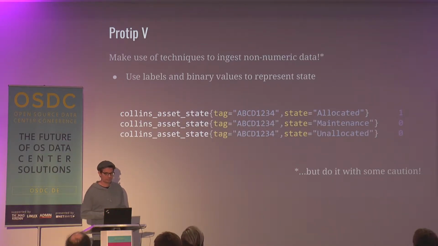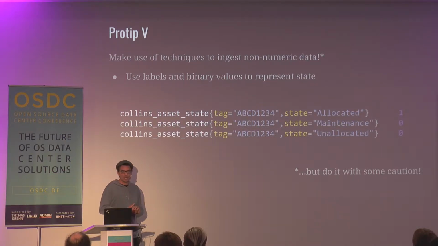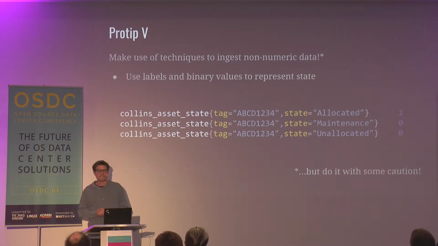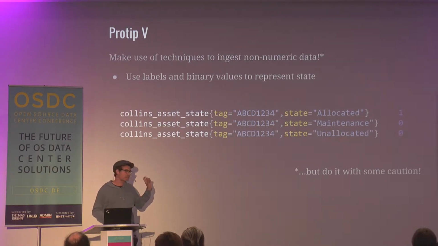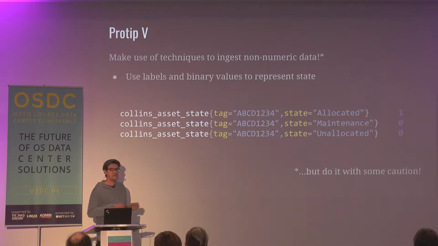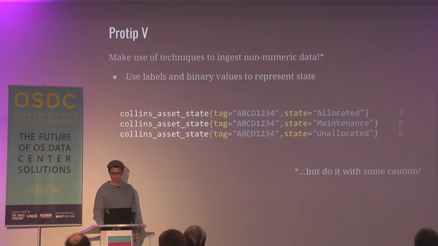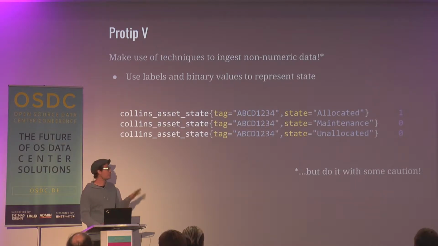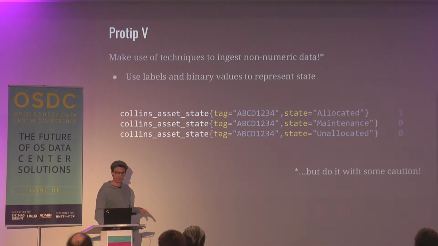Another approach is using labels and static time series again, and if you want to know more about the details, you should read the README of the Collins exporter, where it nicely explains how these states are being represented and how it makes certain queries very easy, because you can actually use the state name in labels, which is much easier to remember than any magic number. Again, where you benefit from this, do it, but do it with caution.